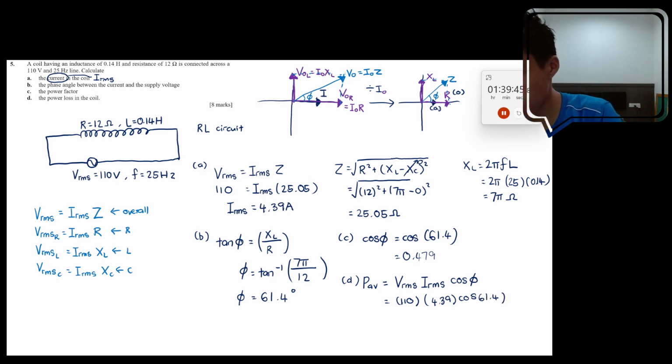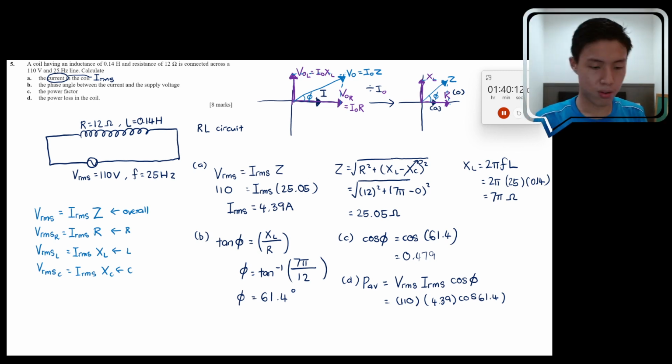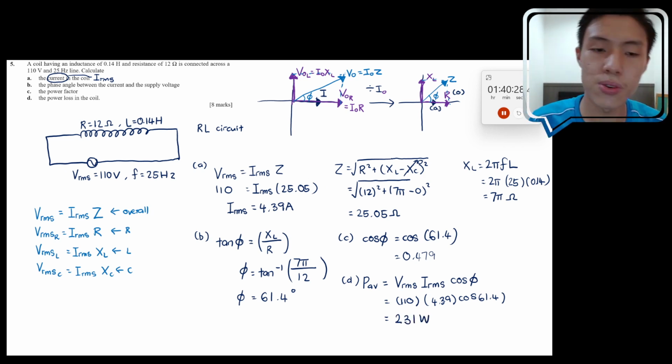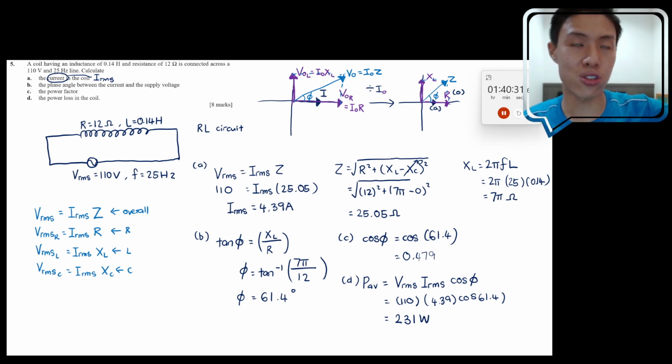So you get 2311. That's your average power, also known as the power loss in the coil, because power loss is through the resistive component.